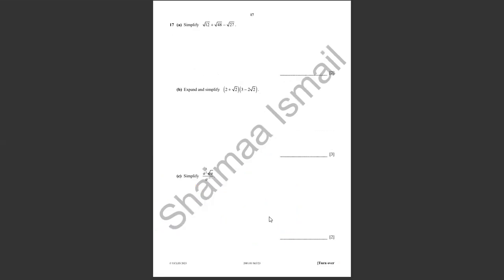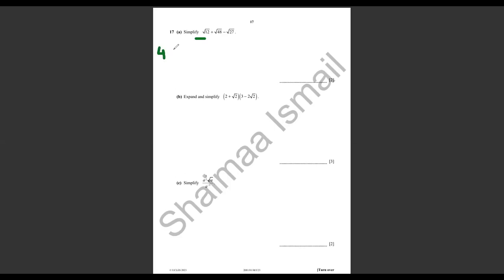Question number 17, he needs to simplify, for which we have to apply the roots. The root 12, we can make it root 4 multiplied by root 3, which is 2 root 3.